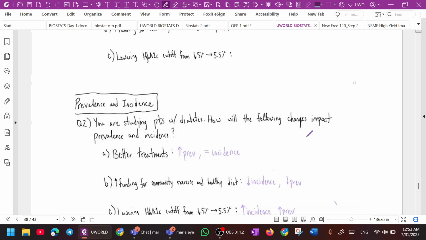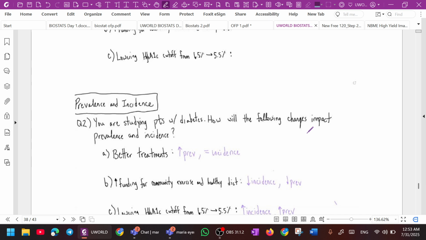So you said if we do better treatments, it will increase prevalence and no change in the incidence. You get it. If we increase the funding for community exercise and healthy diet, it will decrease the incidence, but you said increase the prevalence. It will decrease the prevalence, because if you are decreasing the incidence, you're automatically decreasing the prevalence.